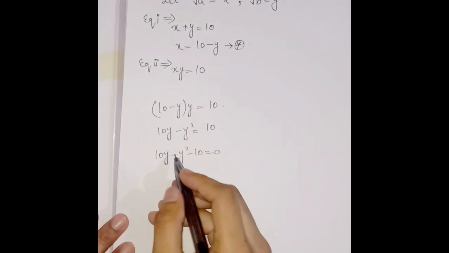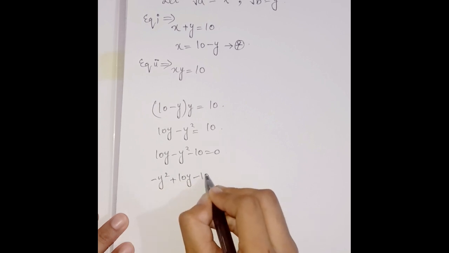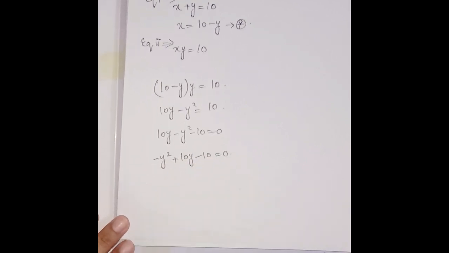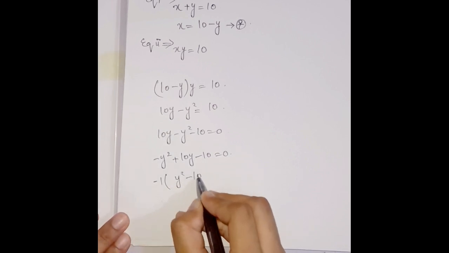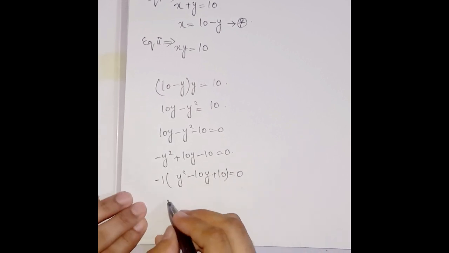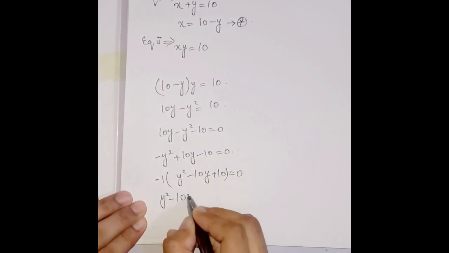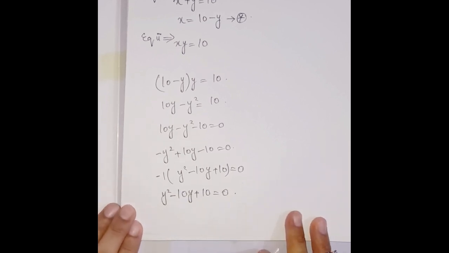And as you can see, it's negative y square plus 10y minus 10 is equal to 0. So I'm going to take negative 1 common, that is y square minus 10y plus 10 is equal to 0.